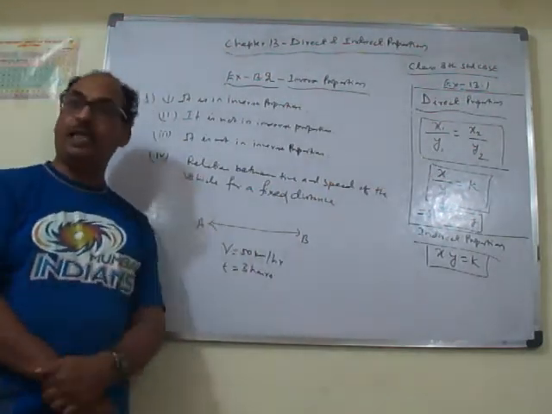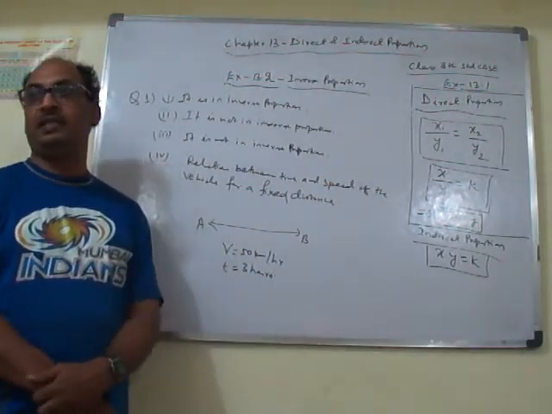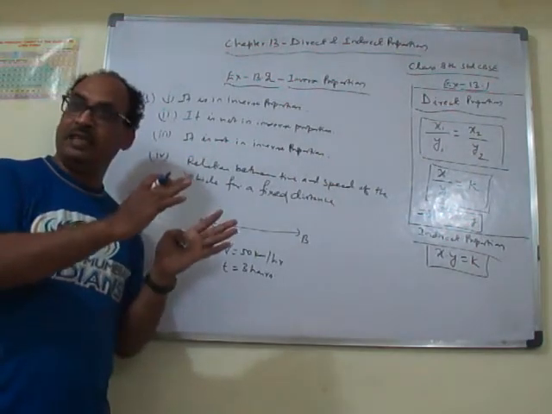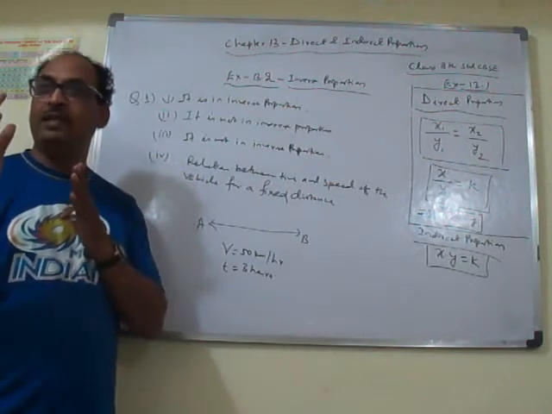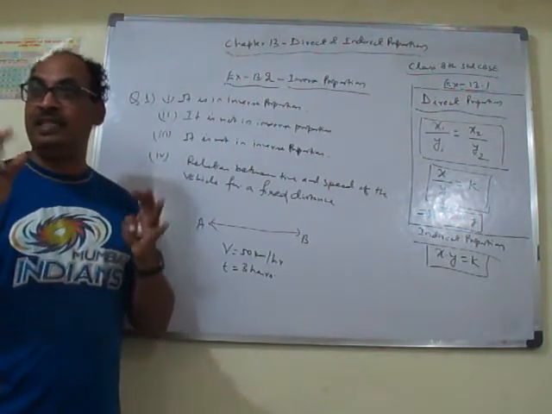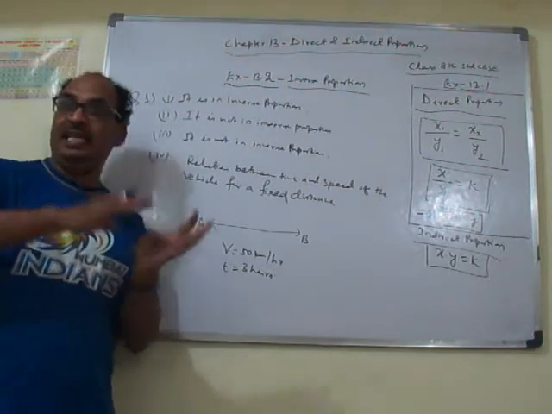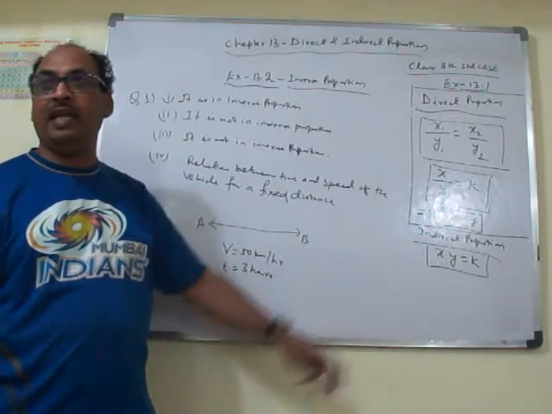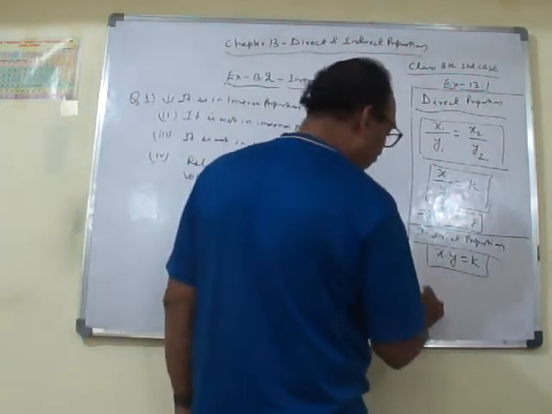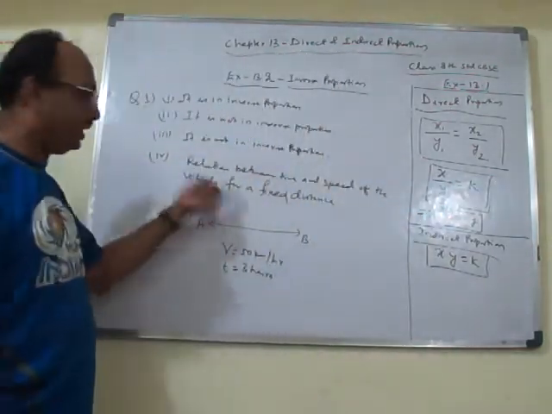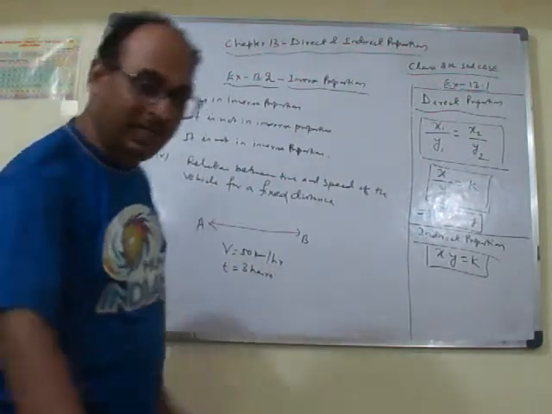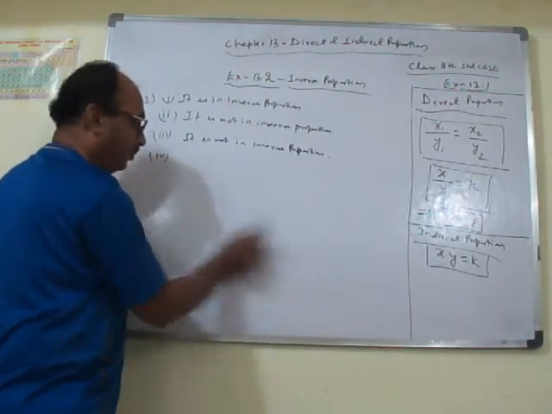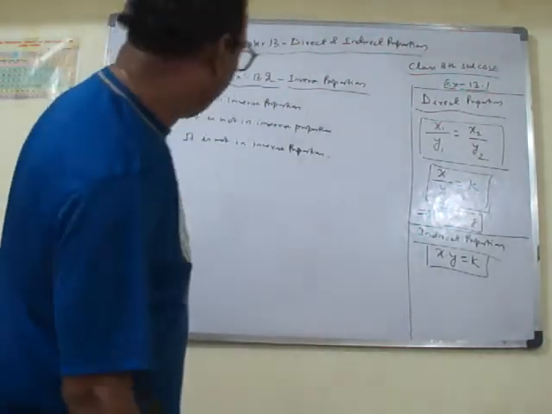If you increase speed, time will decrease. So what's the relation? If one is increasing, another one is decreasing. When an increasing-decreasing relation is there, it satisfies indirect or inverse proportion. So yes, it is in inverse proportion.